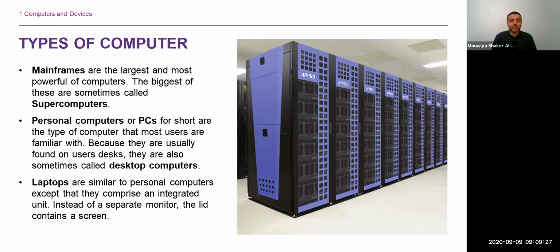Types of computers. As we can see in the pictures on the right, these are the mainframes. Somebody might ask, do you have one at your home? I tell you, no, I cannot. This is for very big companies, for banks, it could be for the government.